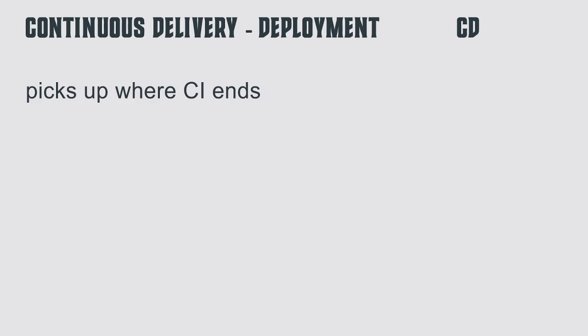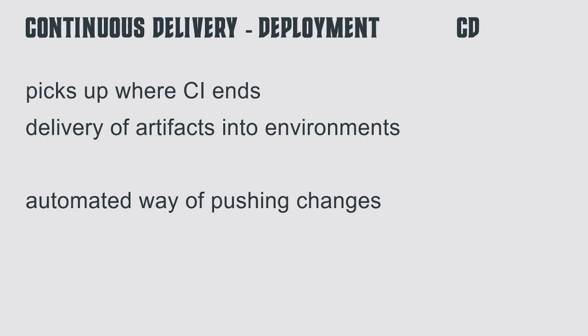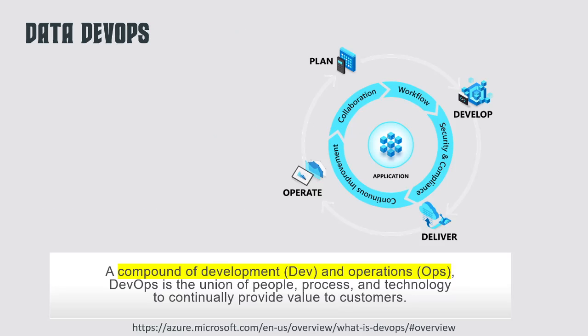If we have a valid build of our database project, it takes that build and delivers all those artifacts into environments. And we will see in a later demo, those artifacts don't need to be database only. They can be integration services, analysis services, or even Power BI artifacts. And it does that in an automated way. So that is the concept of data DevOps.